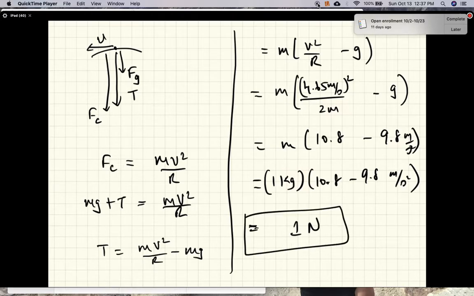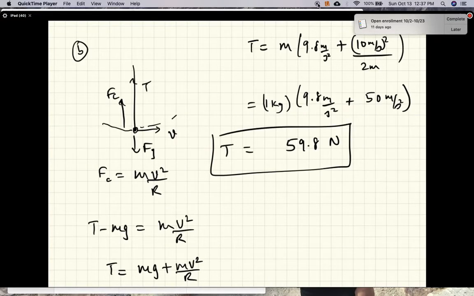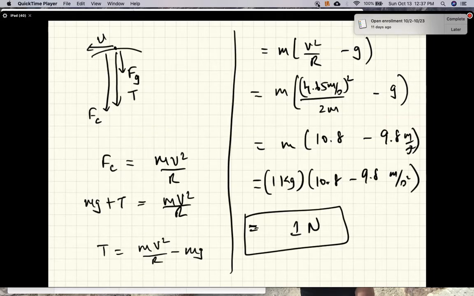So the tension is 1 newton at the top, and the tension at the bottom was almost 60 newtons. Okay, so the tension at the top is very little, and what that means is this diagram is not to scale. The gravitational force is providing most of the centripetal force.